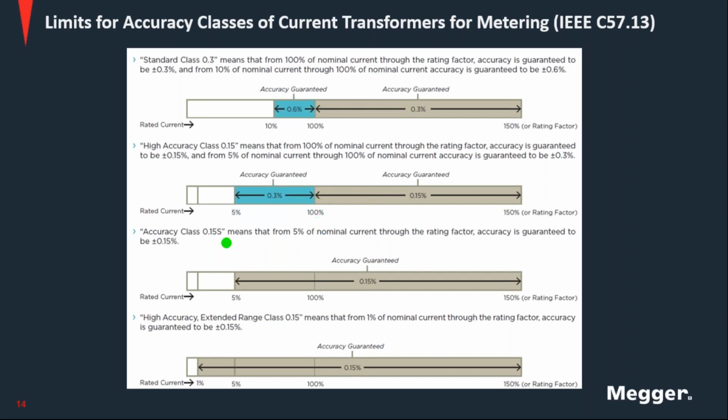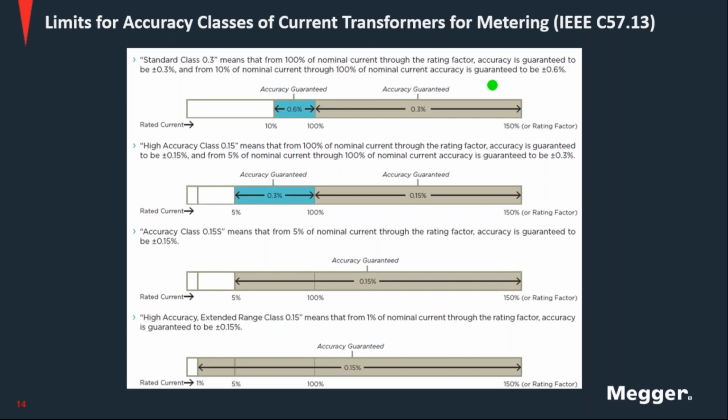Now, the new accuracies that were defined by C57.13.6 are the high accuracy instrument transformers. So now the manufacturer is guaranteeing this accuracy of 0.15 down to 5%, throughout the entire range of operation, and there's one more accuracy class that guarantees even down to a lower loading condition.